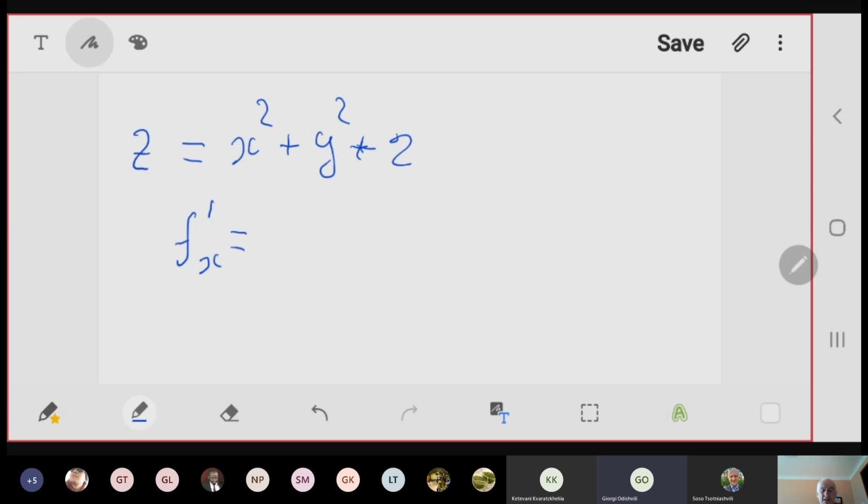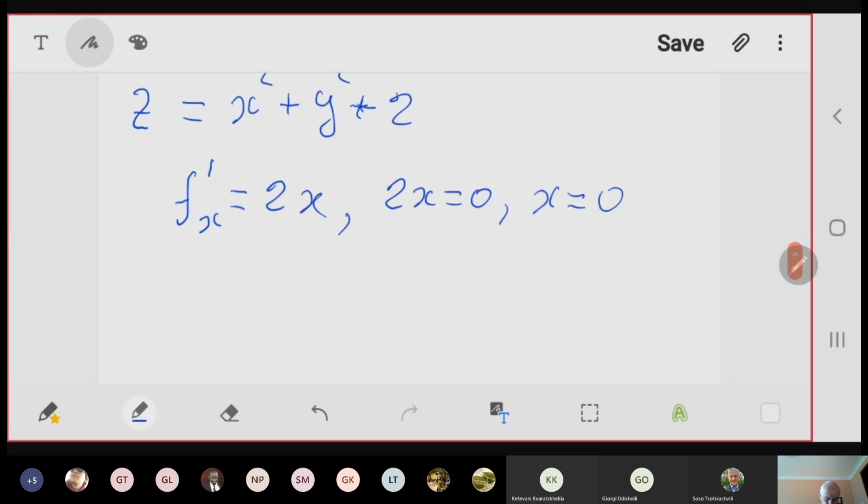Just 2x, because in this case y square plus 2 are constants. So in this case, it's 2x. Now I should find when this first derivative is equal to 0. So I should solve the equation 2x equals 0, and from here x equals 0.